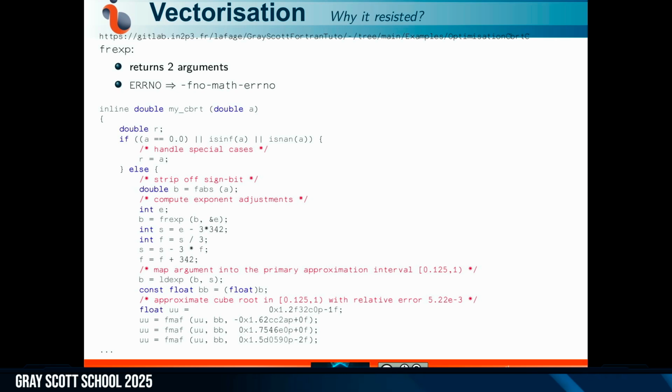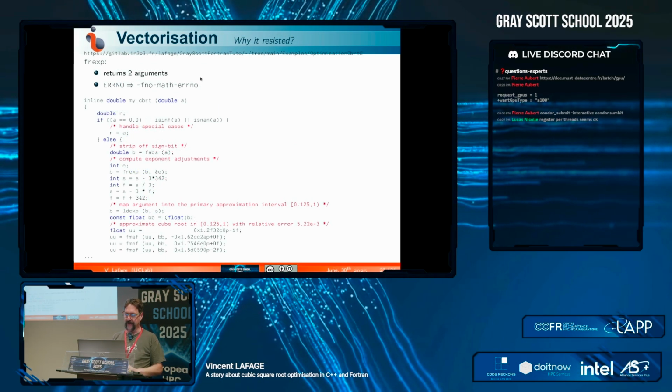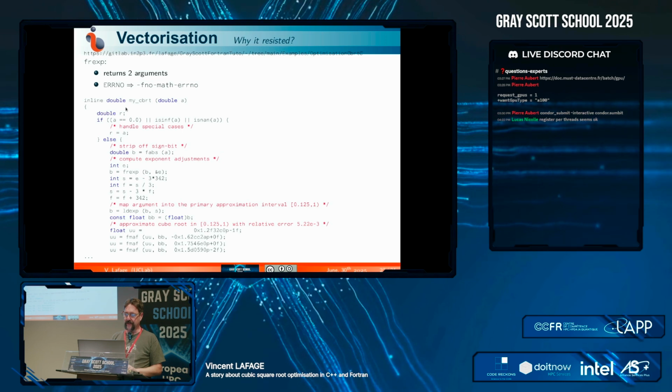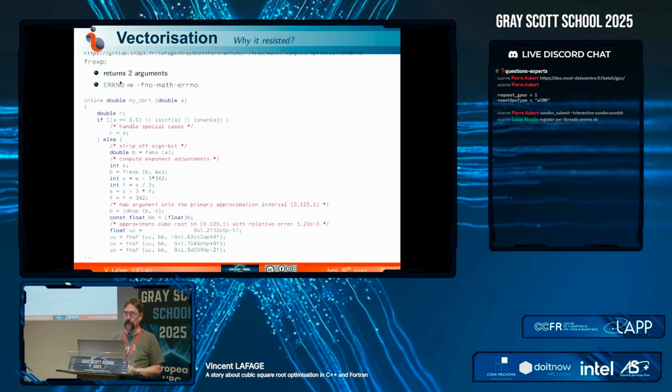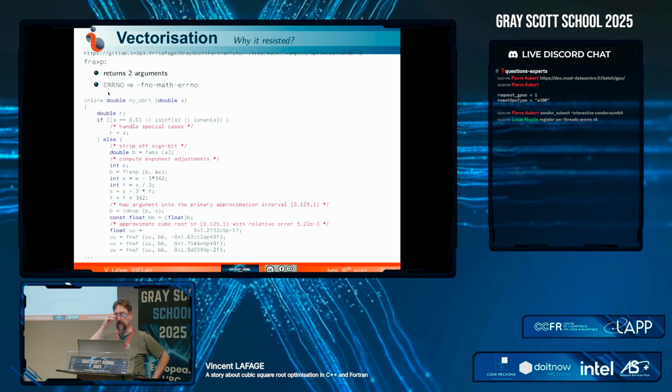And another point that I learned yesterday, thank you, Joël, is that this frexp function is modifying errno, the infamous errno of the C library.